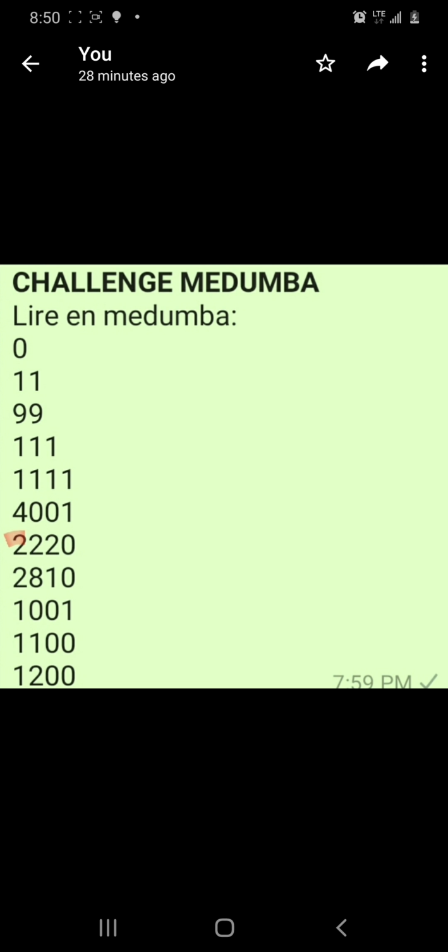The next number, 4,001. These are special rules also. These are exceptions. When you have a 1 and then you have zeros on the tens and on the hundreds, and then you have a number on the thousands, you read it 2. So you're going to say nshe tu ncha kwa.